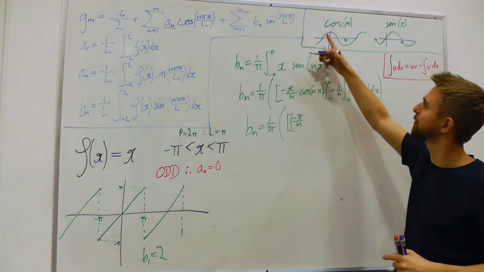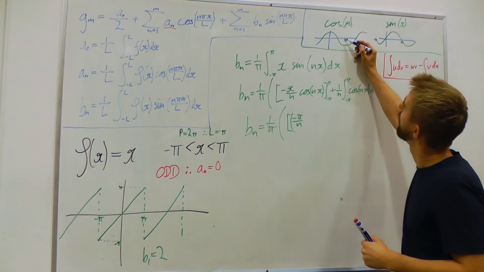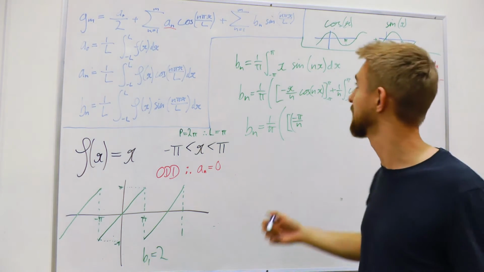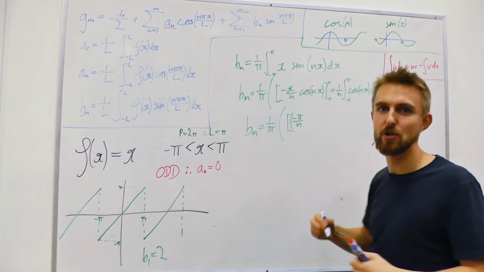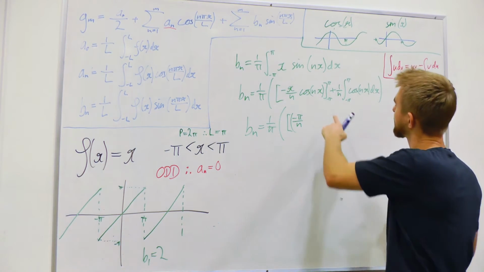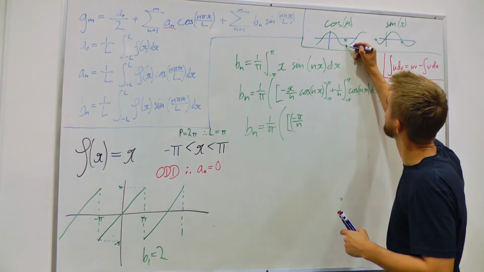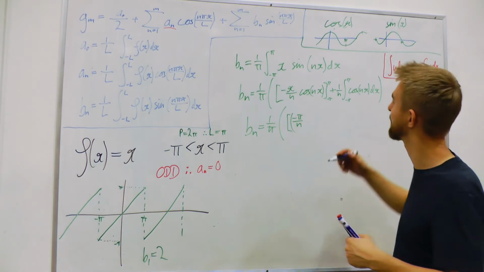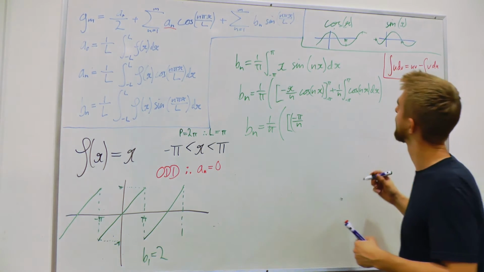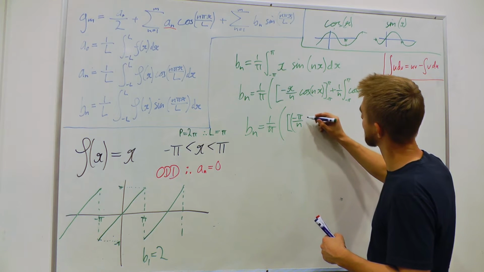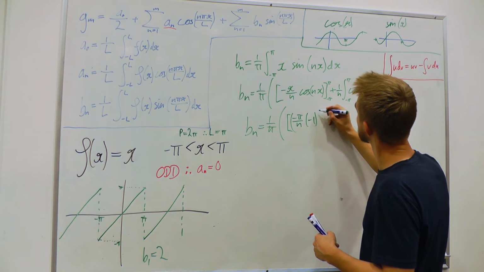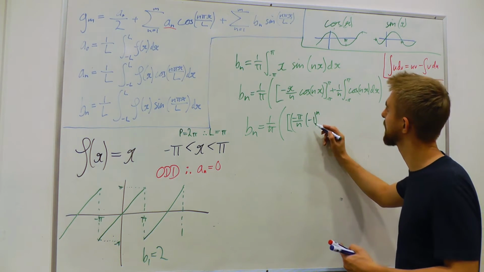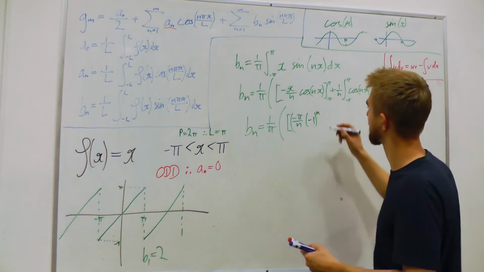So if we look at our cos function up here, when cos is a multiple of pi, because n's just an integer, so it can either be 1 pi, 2 pi, 3 pi, 4 pi. What does that mean? Well, when it's 1 pi, it's minus 1. When it's 2 pi, it's plus 1. And it will just keep alternating like that forever. So minus 1 plus 1, minus 1 plus 1. So a quick way of writing this is minus 1 to the power of n. So when n is 1, this thing's minus 1, that's correct. When n is 2, it becomes plus 1 again.